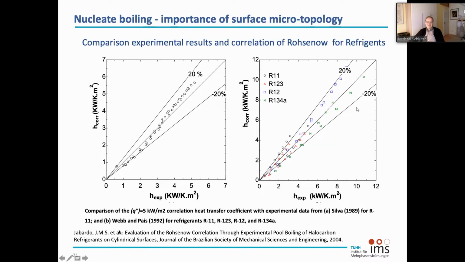So very nice evaluation of the Rohsenow correlation through experimental pool boiling of halocarbon refrigerants on cylindrical surfaces. Journal of Brazilian Society of Mechanical Sciences and Engineering. You see an actual paper that still deals with this important topic.